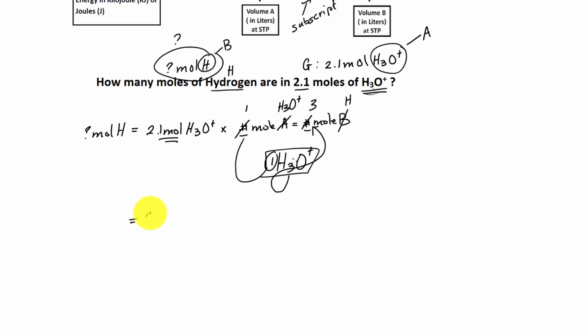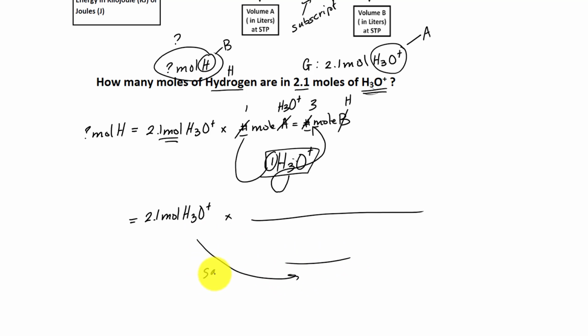Again, starting with our given, 2.1 mole of H3O+ times this conversion factor, which consists of 2 measurements, moles of B and moles of A. So we have moles of H3O+, and this down here has to be exactly the same as this one right here, with exactly the same unit and chemical. Here we have 3 moles of hydrogen and 1 mole of H3O+.